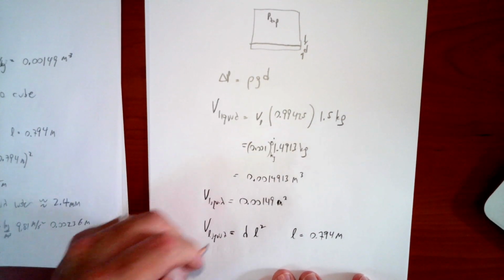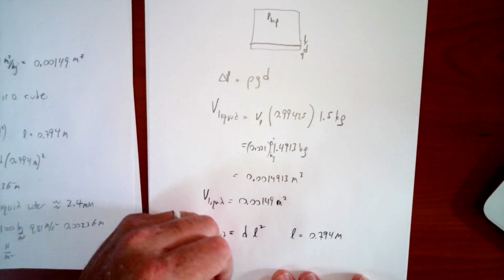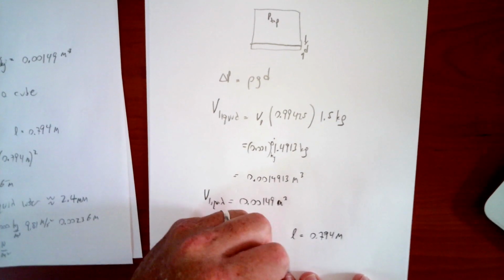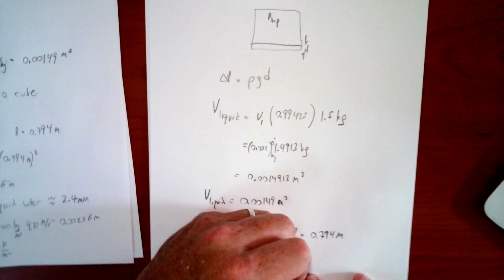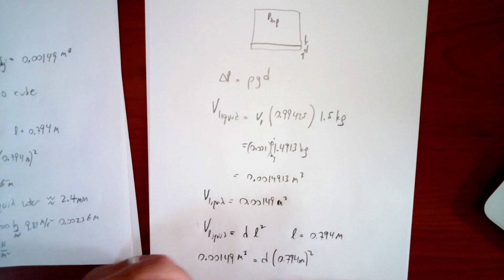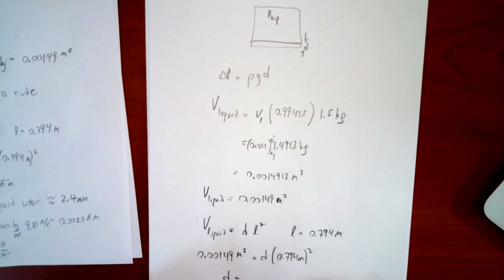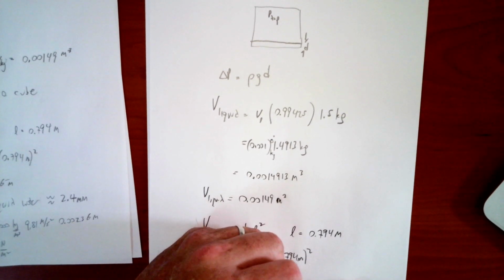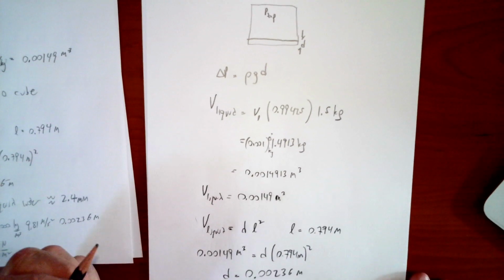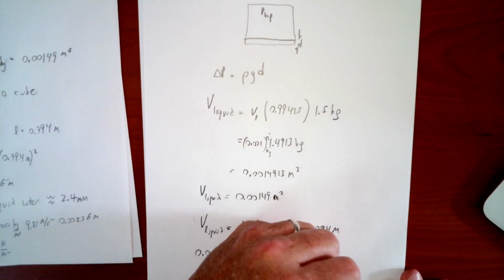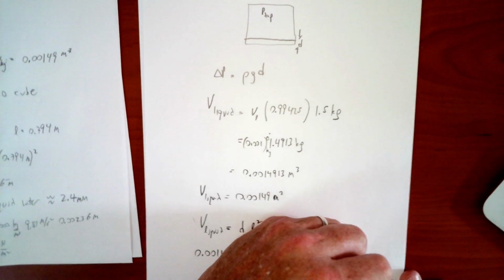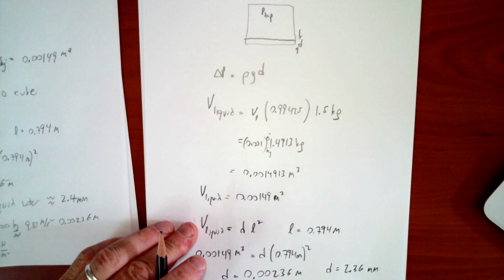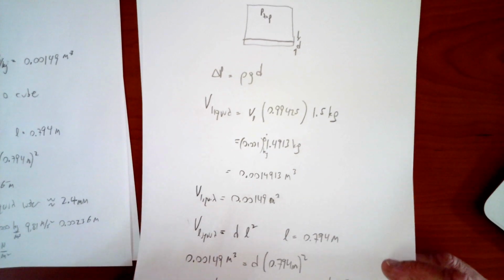If you do that, putting this 0.00149 meters cubed on the left for the liquid volume is equal to D times 0.794 meters squared, and you solve that for D, you get that D is equal to 0.00236 meters. So D is very small. D is 2.36 millimeters.